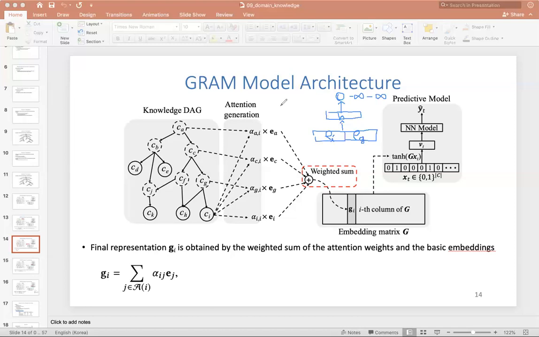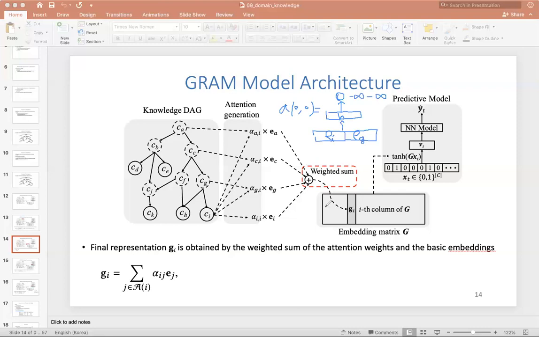So this will be your attention function. Let's call this attention function, and it would get 2 arguments here. That's how you generate G_I, which is the final embedding vector of C_I.